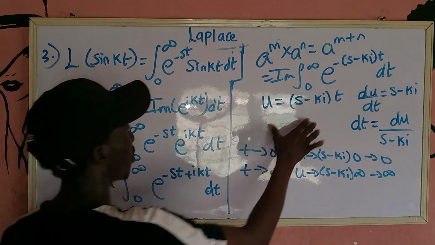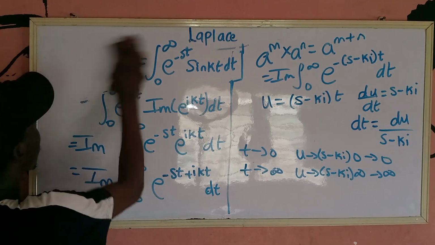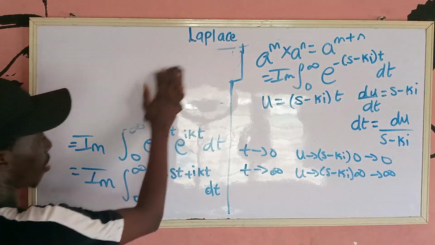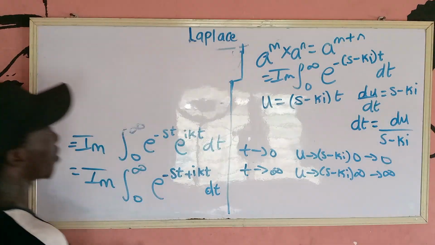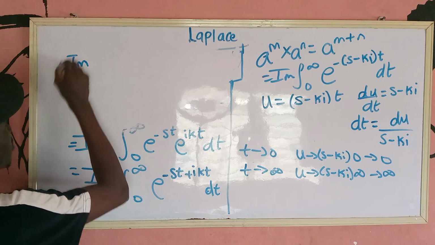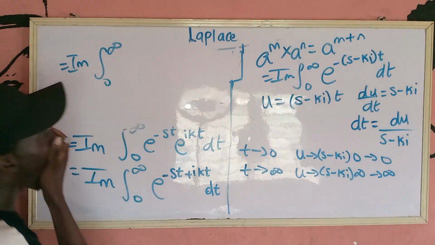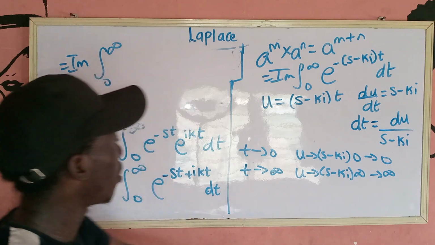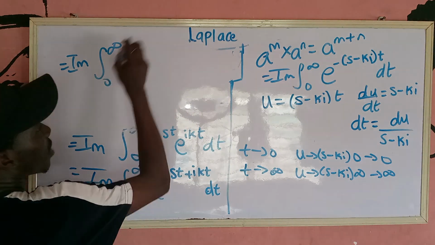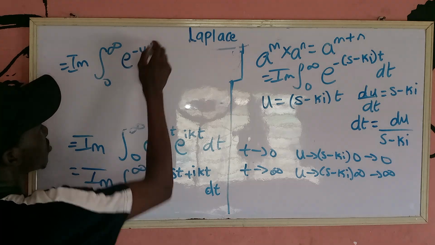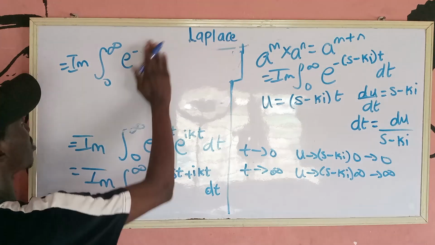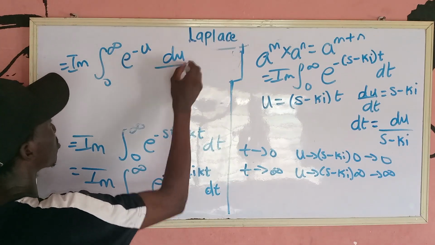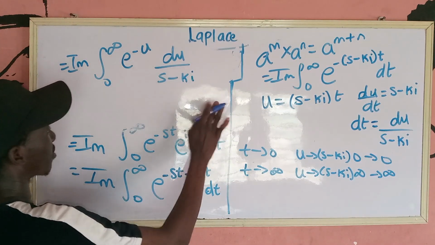Are you getting it? So I can do the same thing here. I can also turn everything to the imaginary part of this, and so that becomes e raised to power minus u, and then du over s minus ki.